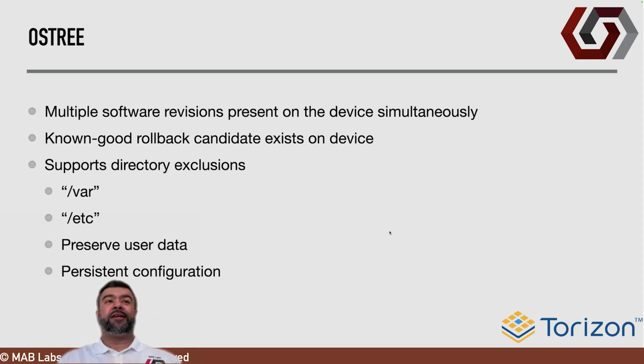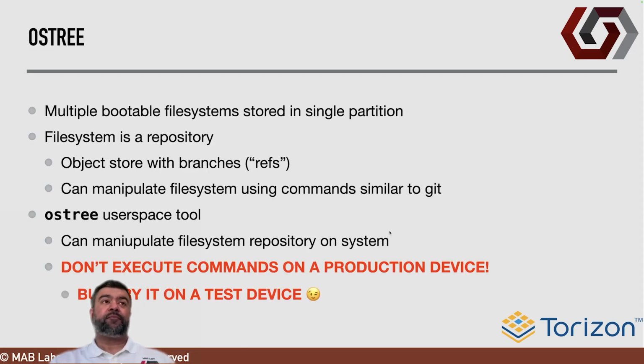But you can exclude certain directories from this tree structure, and then make changes to these directories directly, so you can preserve user data or have consistent configuration. For example, if you wanted to make sure that the etc directory was not part of your OSTree, then you could exclude it from the OSTree configuration.